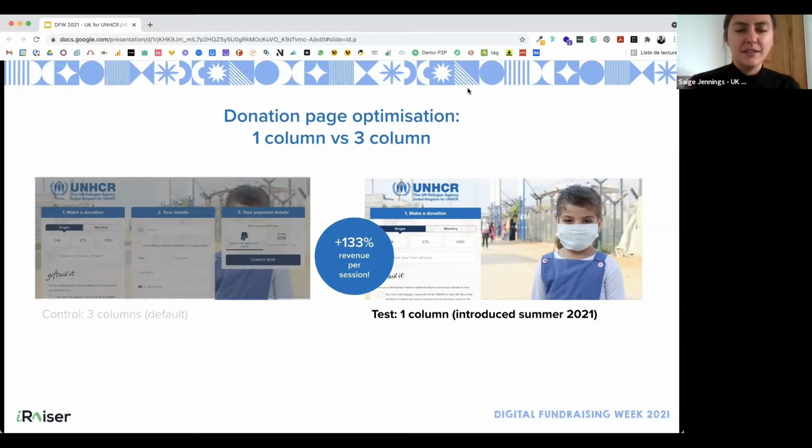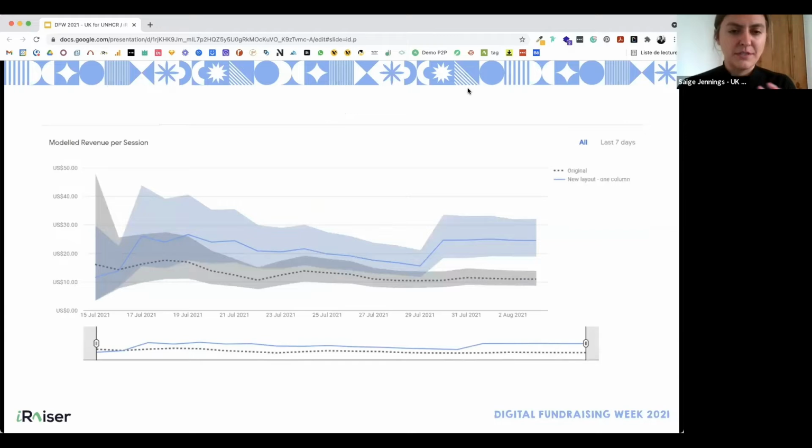The next slide shows that consistency across the month, and that there weren't any outliers or major gifts that skewed it. The probability to best was like 99%. It was very statistically significant, and a very clear winner.